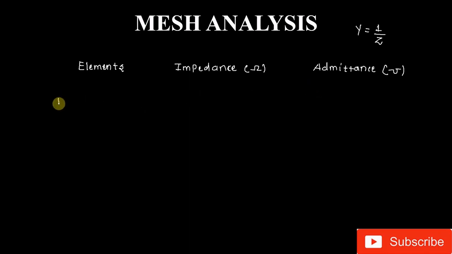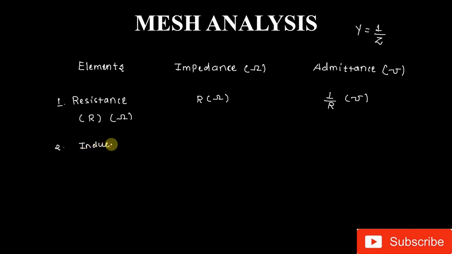The first element we have studied is resistance, which is represented by the symbol R and measured in ohms. Its impedance value is R, and its reciprocal is 1 upon R, and its unit is mho. The second we have studied is the inductance or inductor, whose symbol is L and measured in Henry.